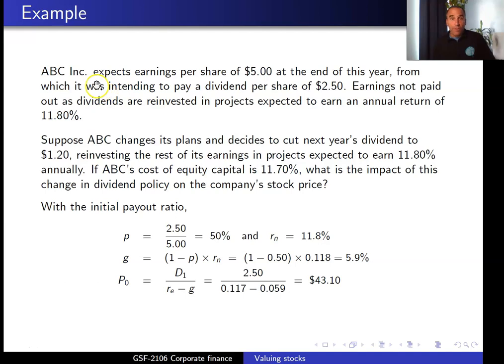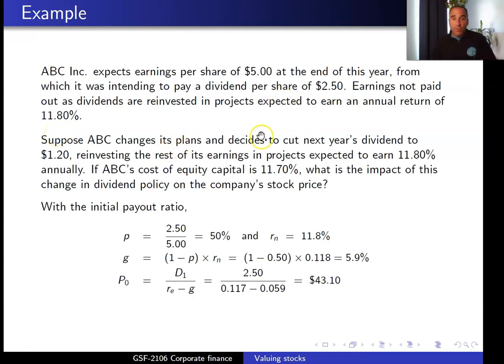Another example, so a company expects earnings per share of $5 on which it plans to pay a dividend of $2.50. So a payout ratio of 50%. The new projects are expected to return 11.8%.